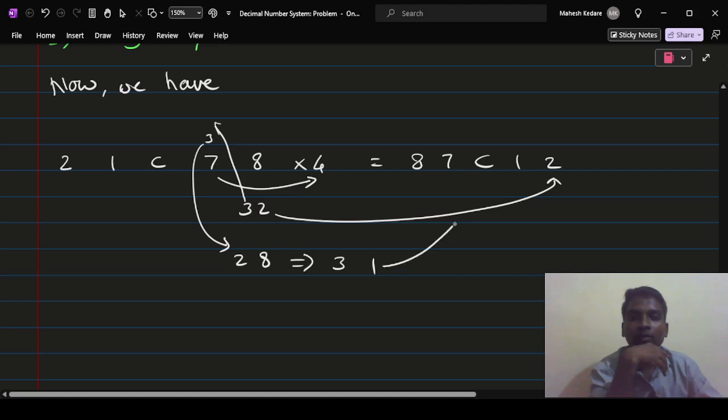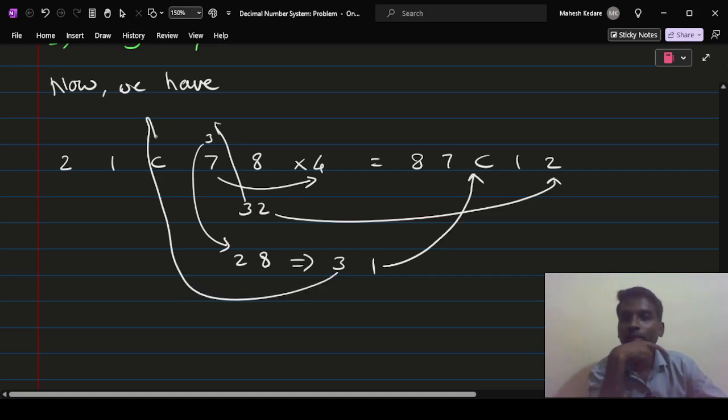Out of 31, 1 remains in the next position of the resulting number, while 3 will move as carry to the C position. Now we multiply C by 4 and we get 4C, and to this we add the carry of 3.